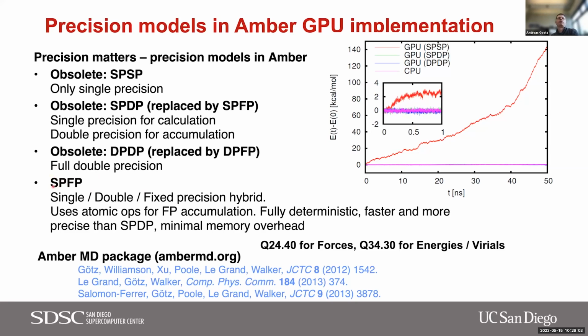That means we do all the individual computations in single precision, and we do the accumulation of the data in 64-bit fixed precision, as a hybrid. Instead of using double precision, we use fixed precision because integer operations are faster and there are usually more integer compute units available on GPUs.